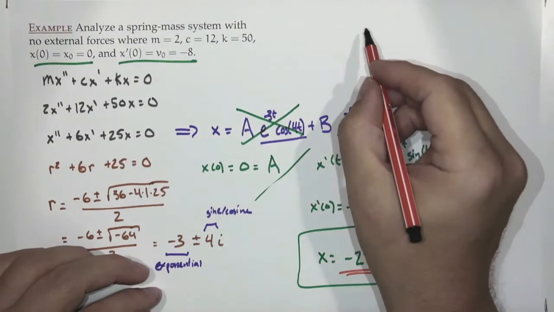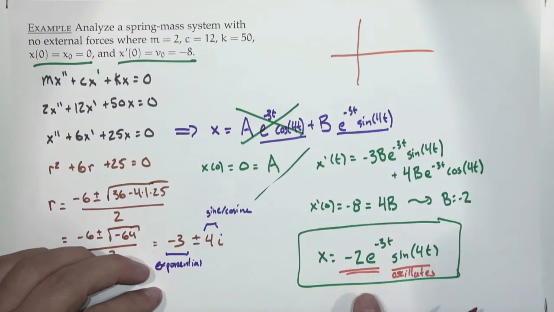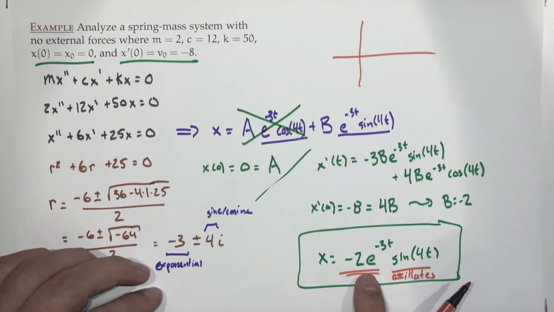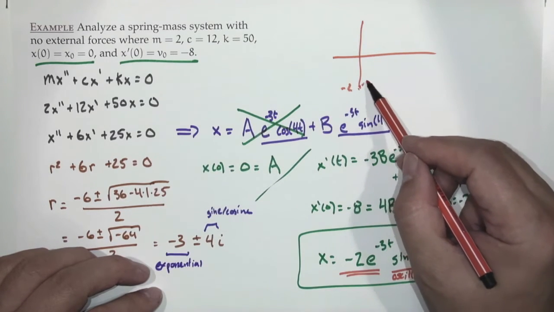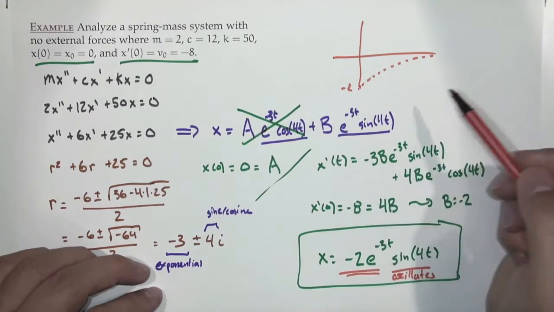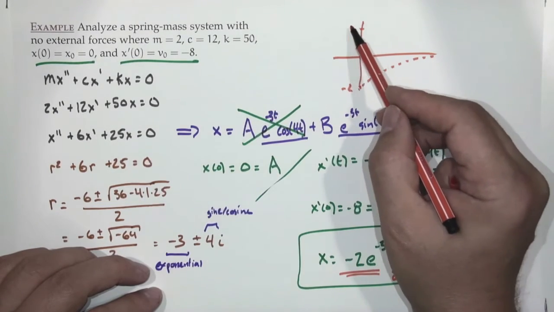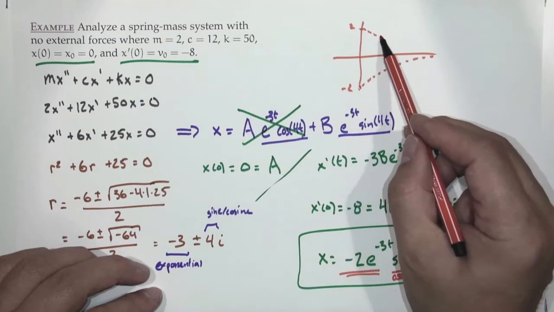So since I know sine oscillates, I'm going to sketch this curve. Now, what happens to this curve as time goes to infinity? It goes to 0. So it starts at negative 2, heads towards 0. The negative of it starts at positive 2, heads towards 0.